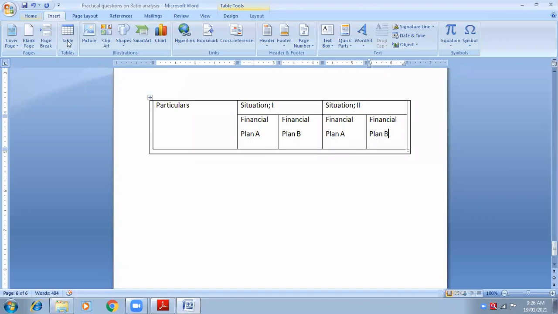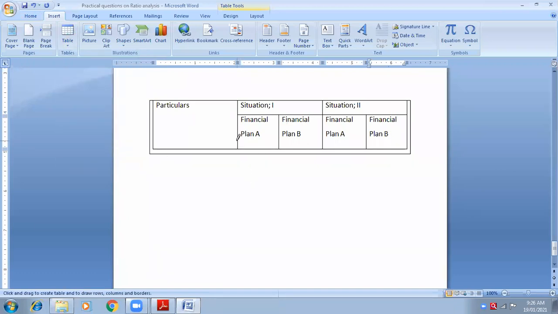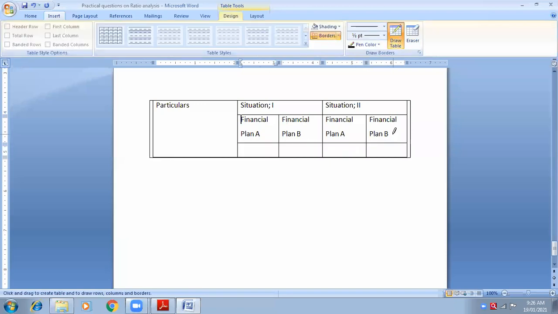Now again you have to make partitions. Why? Because the per unit column and amount column have to be drawn separately.